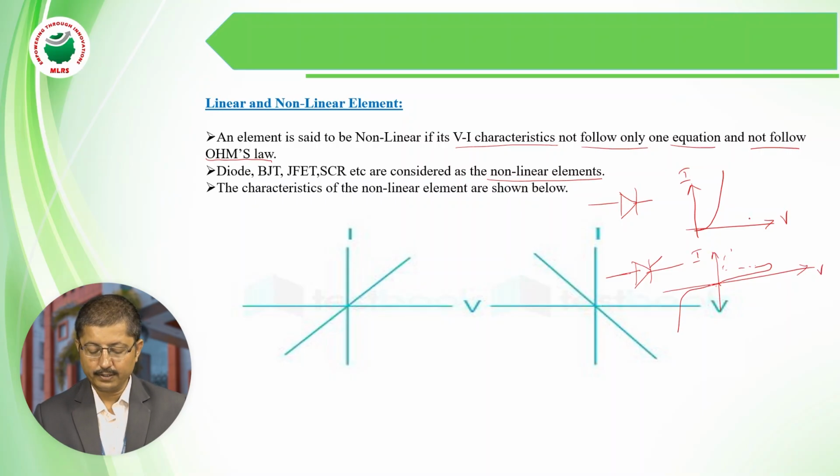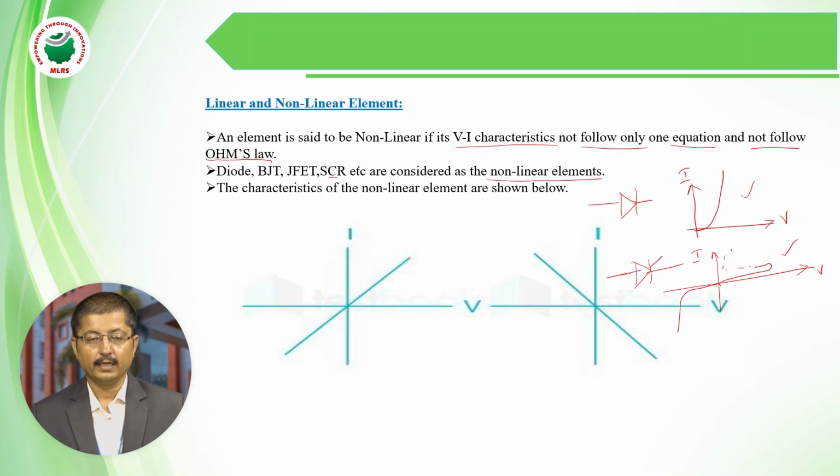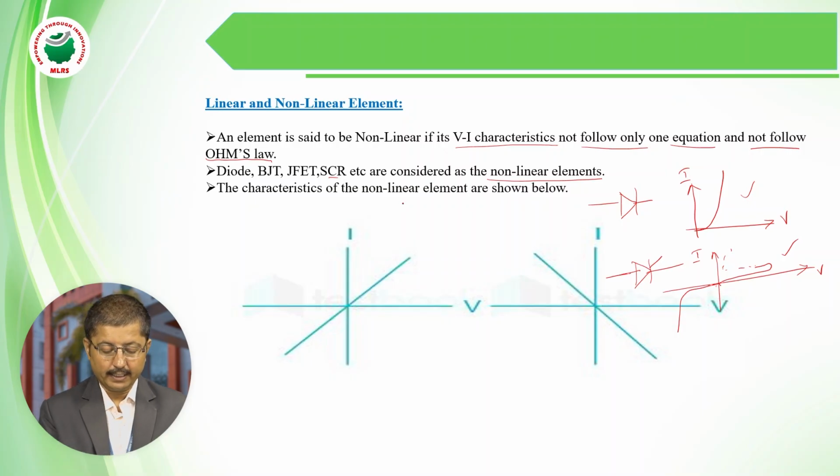By observing these two characteristics, we can say that the diode, BJT, JFET and SCR are non-linear elements because they do not follow Ohm's law and do not follow one equation. Such elements we call non-linear elements, and the non-linear characteristics we can see here.